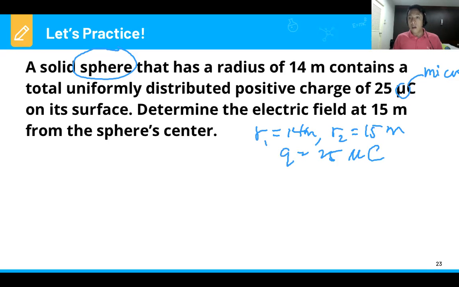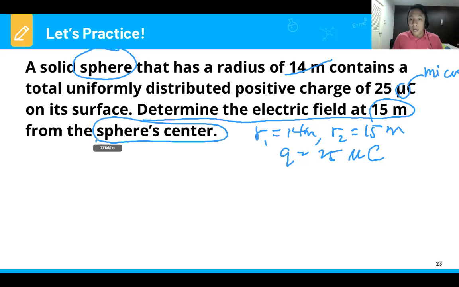So those are only our given. Tatlong given natin. So ano yung makukuha natin dyan? Pag-aaralan natin dito sa ating problem. It says here that we need to determine the electric field at 15 meters. So, hindi natin pakikialaman si 14, kasi hindi naman siya sinali sa tanong. Kumbaga nasa problem lang siya. Determine the electric field at 15 meters from the sphere's center.